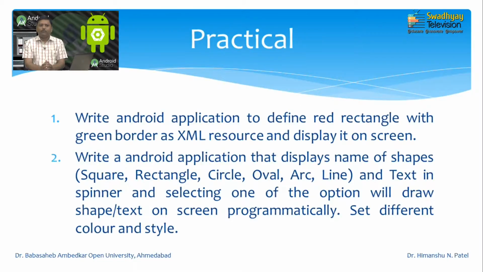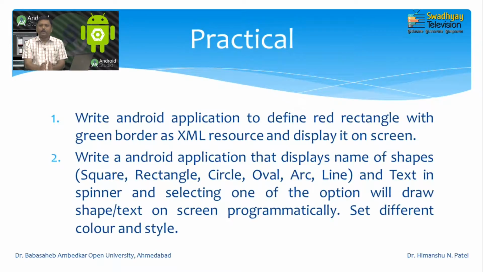So, we first define one graphic in an XML resource and fetch it in an image view, and in the second case we will create shapes dynamically based on the selection from the spinner.